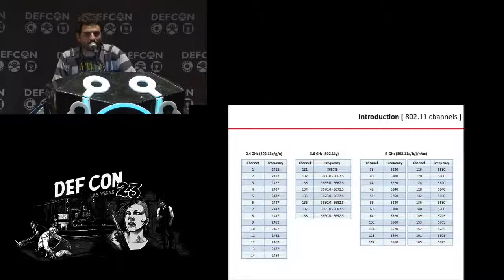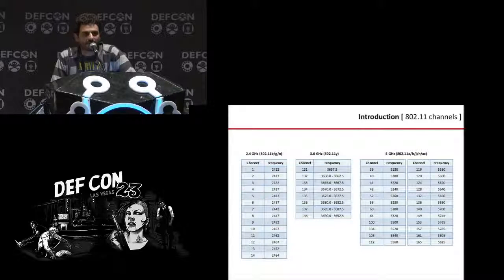For example, we have some standards that work on 2.4 gigahertz, other ones on 3.6, and other ones on 5 gigahertz. Each of these standards has a set of well-defined frequencies called channels. So we have maybe 50 channels.